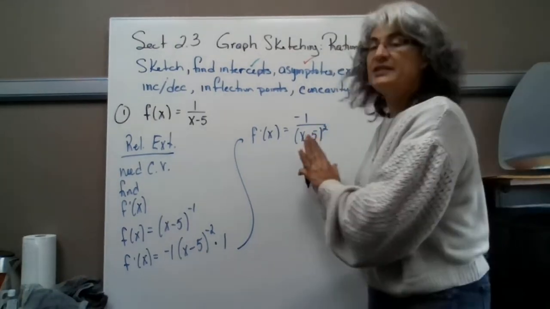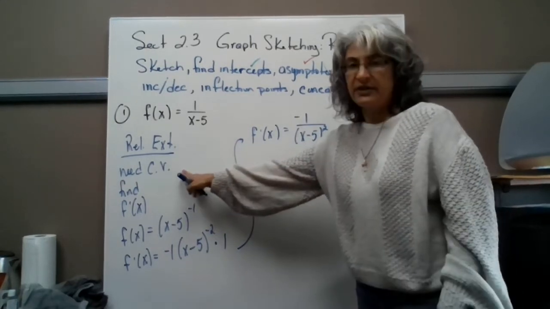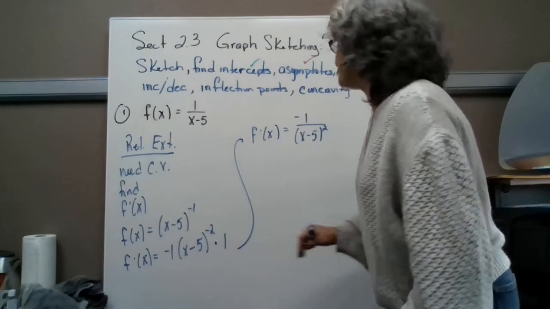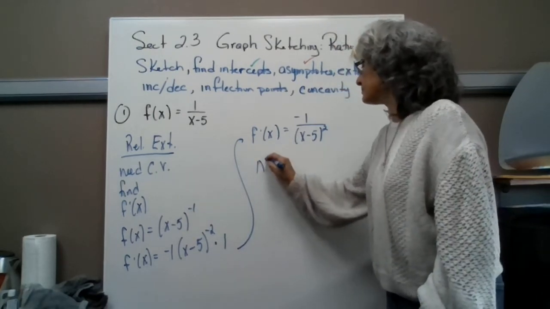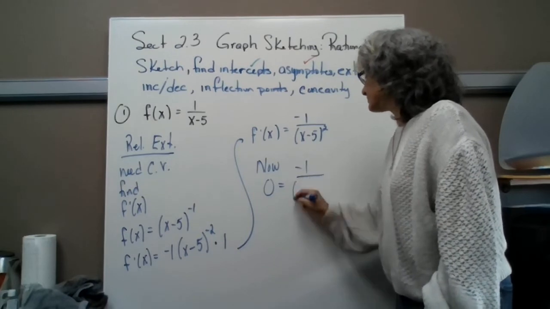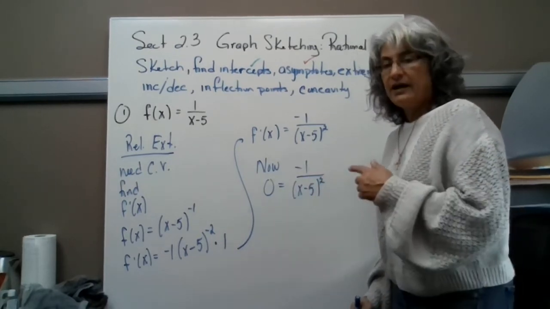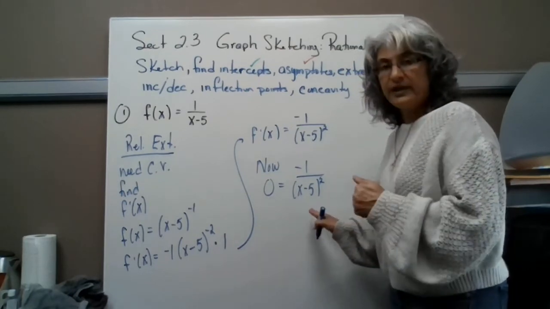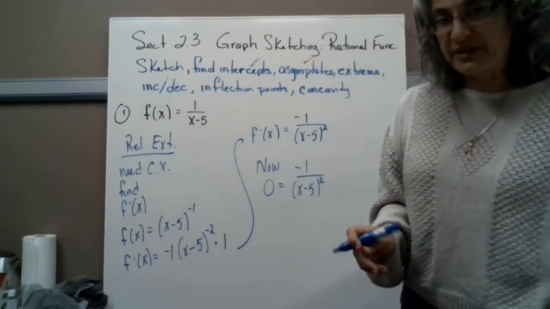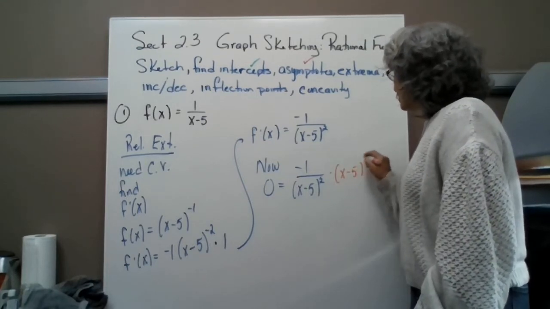And we are supposed to take this and set it equal to 0 to find the critical value. Again, when we're solving an equation, it's quicker to solve it without a denominator. So I'm going to multiply both sides by this denominator.